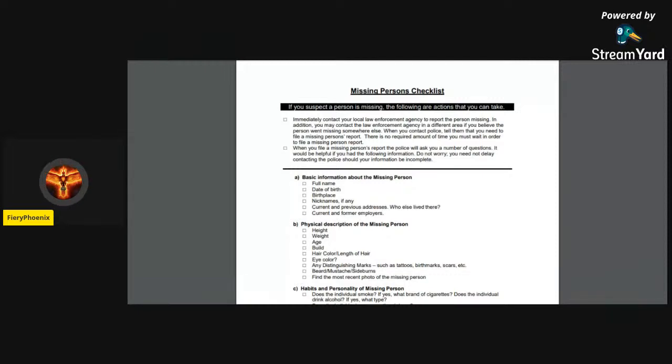Current and previous addresses, and who else lived there.